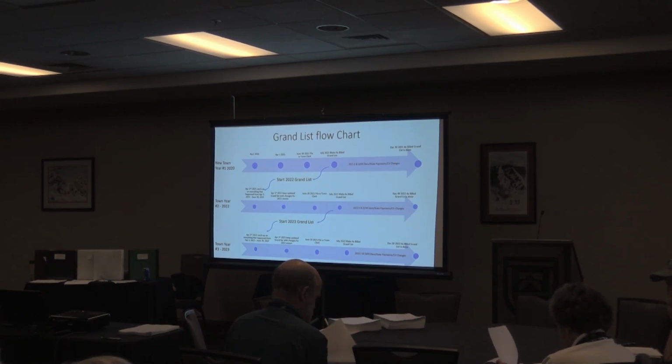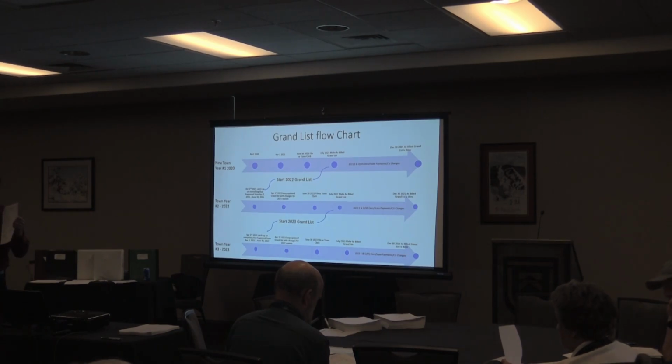Now, I will call it out. What he is observing is these grand list numbers here aren't the same as what you see on the 411. And the reason for that is this is how much tax I'm going to send to people, okay? The 411 is telling me my grand list values to figure out a tax rate, okay?